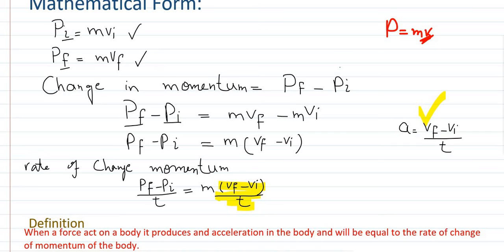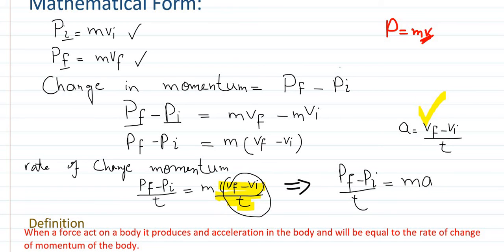When I put the value here, I get Pf minus Pi over t is equal to ma.